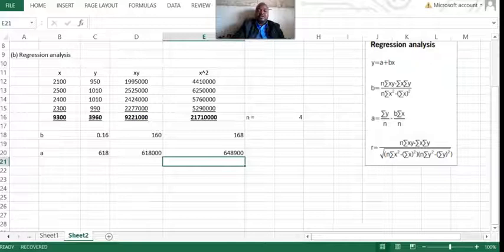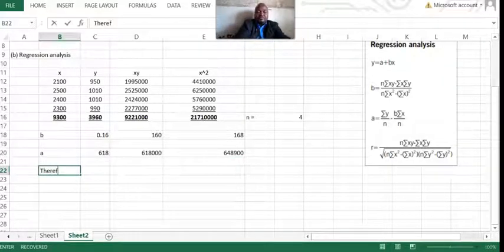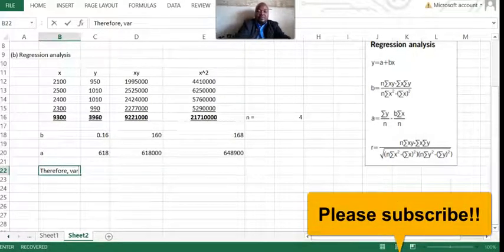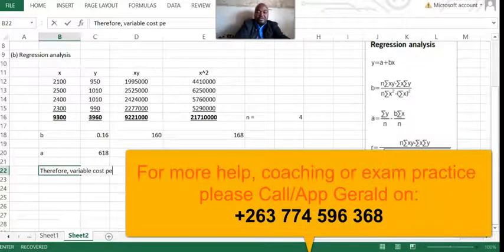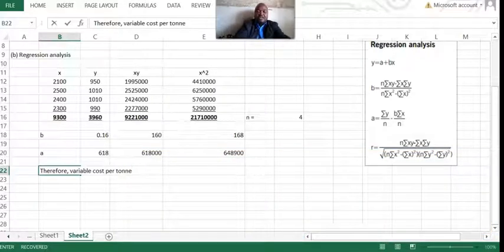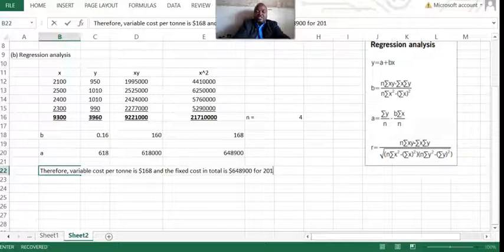So we just have to come here and say therefore the variable cost per unit or per ton is $168, and the fixed cost in total is $648,900 for 2010.